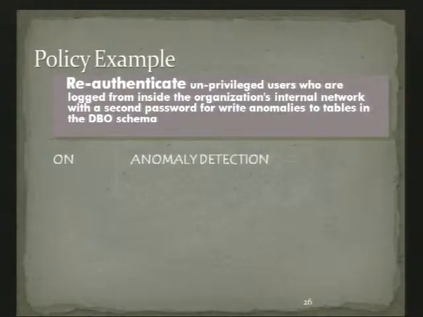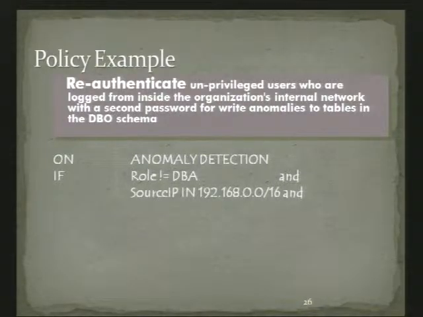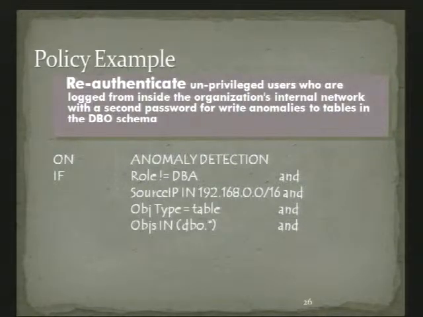So in terms of the policy language, this policy can be expressed like this. If role is not equal to DBA, that gives you unprivileged users. You have the source IP in some particular range which represents the internal network of the organization. The object type is table, and okay, the syntax of the attributes is a little bit different, but I hope you get the meaning here.